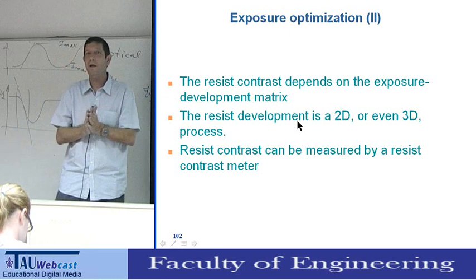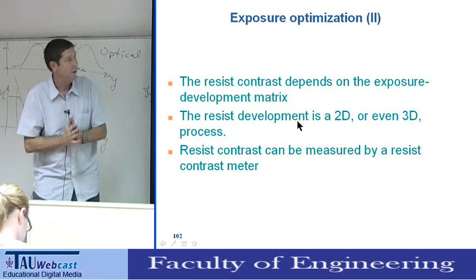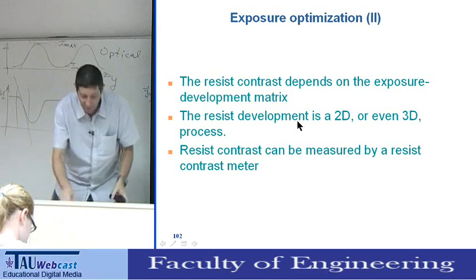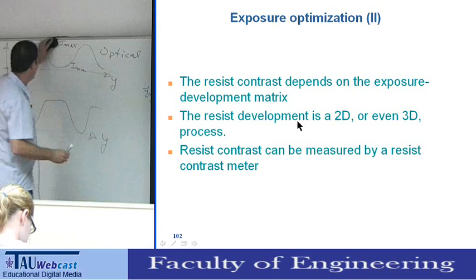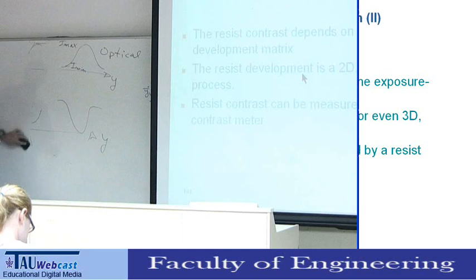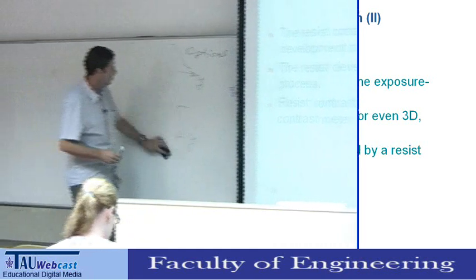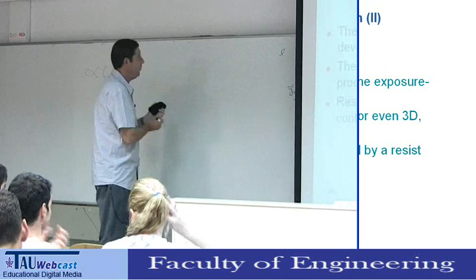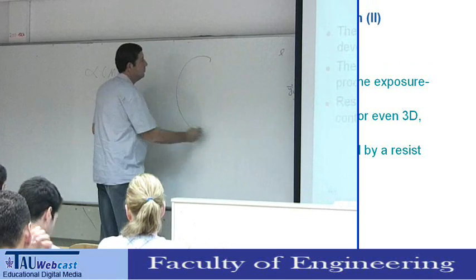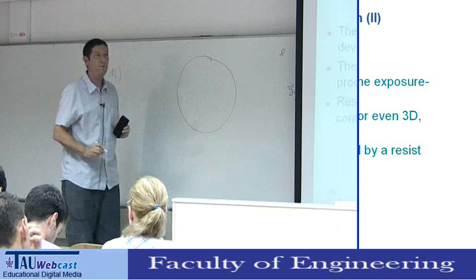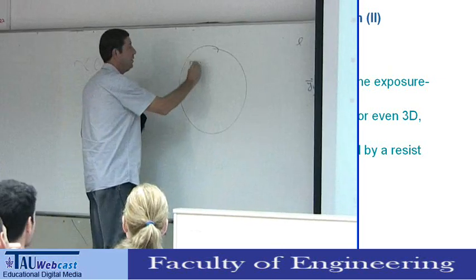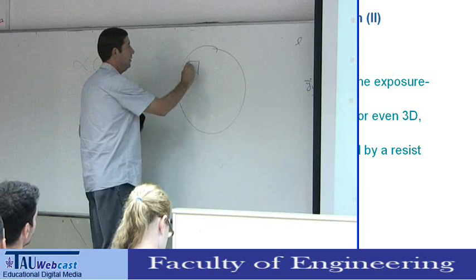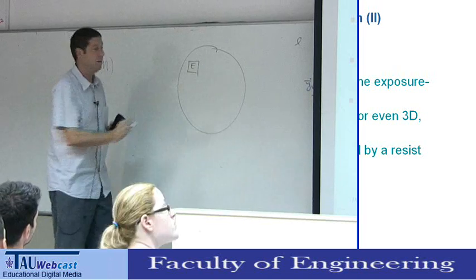And you can generate a matrix as a function of the exposure and development. Let me explain in a little bit more detail what it means. What do you measure? Let's say you take a wafer, and on this wafer you expose the die with a certain energy, E1.